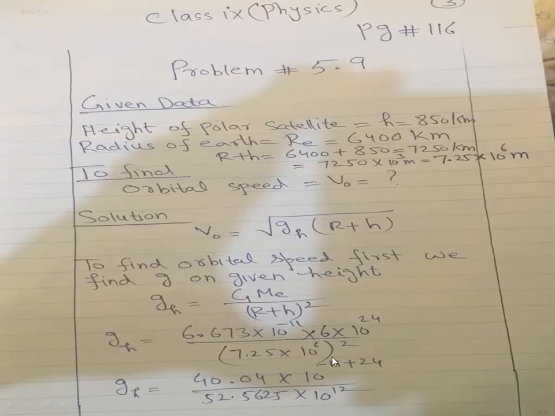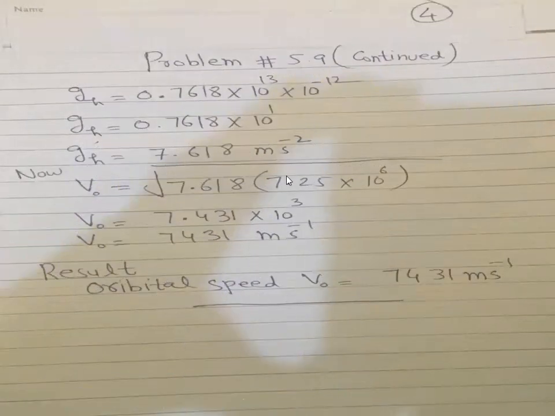So 24 minus 11 is 13, or if you take 12 to the top, it will be 10 power minus 12. 13 minus 12 is 1. So if you divide 0.7618 by 10 power 1, you will get 7.618 meter per second square.